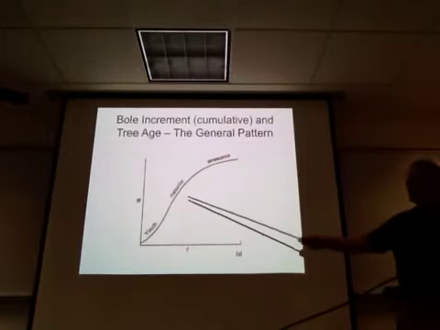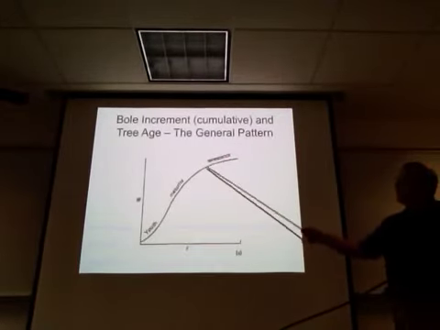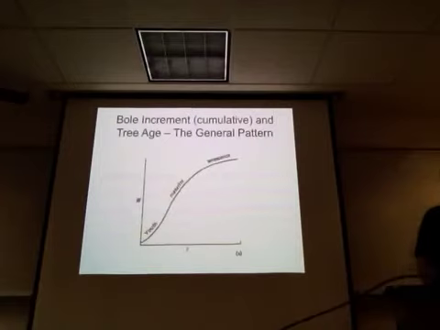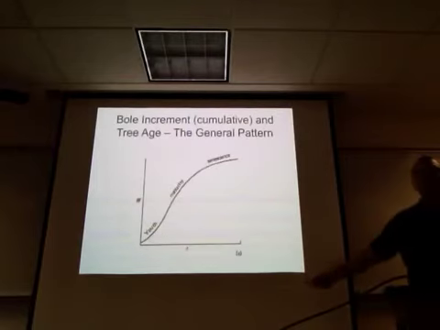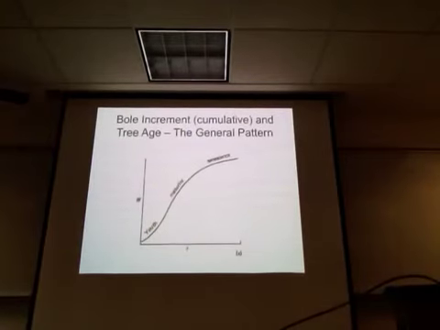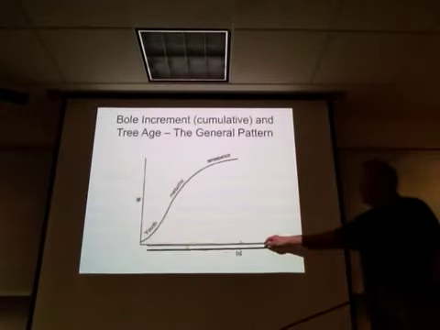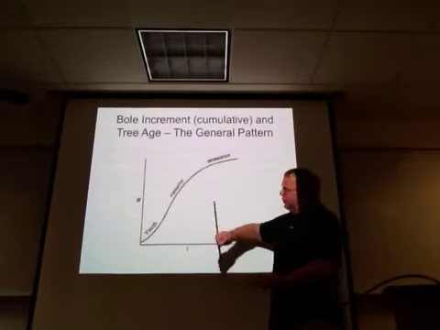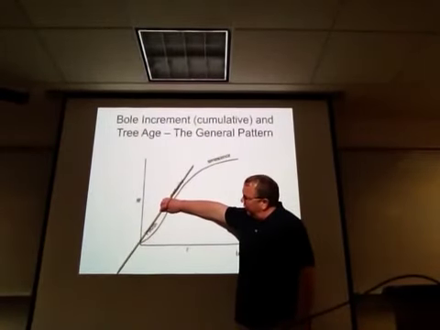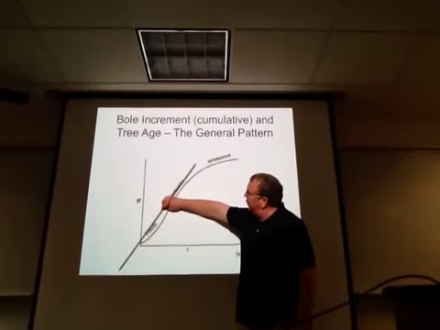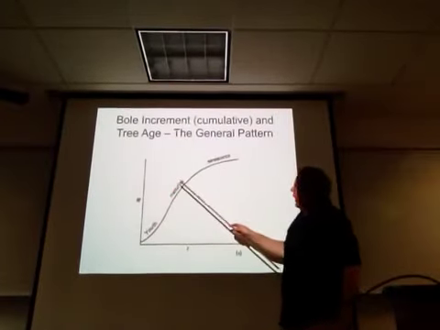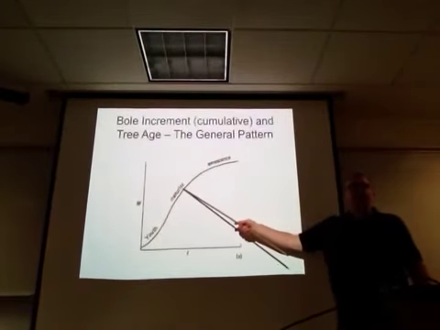Not so clear on the transition between maturing and senescing. Some people would define that as the time where mean annual increment is a maximum. And that basically corresponds to, and it doesn't show on here, a point where I stick this at 0 and wherever it's tangent to this curve.